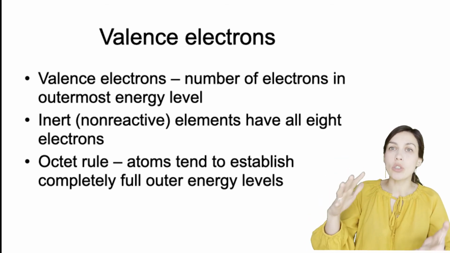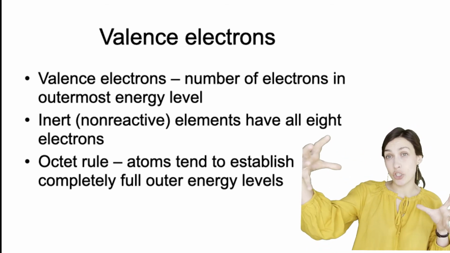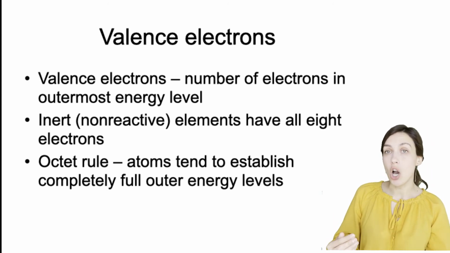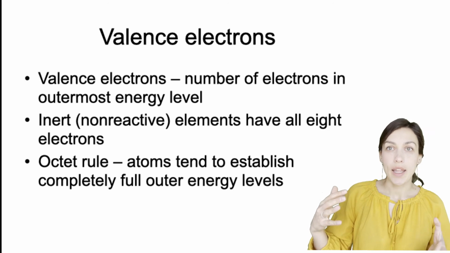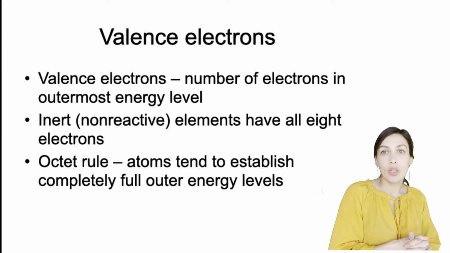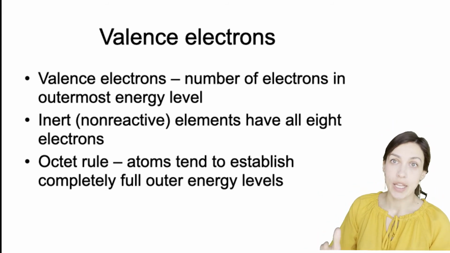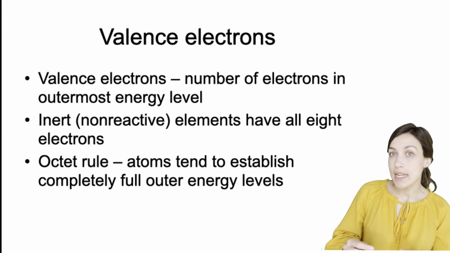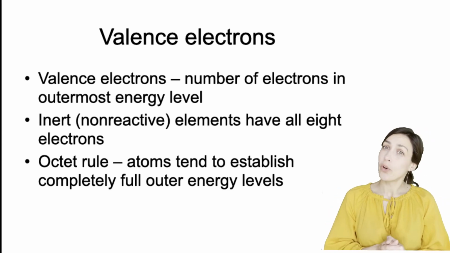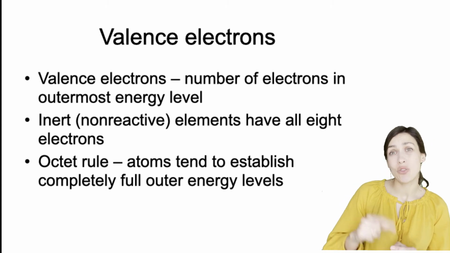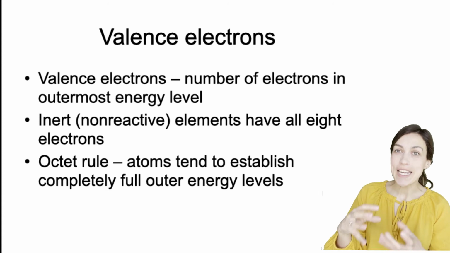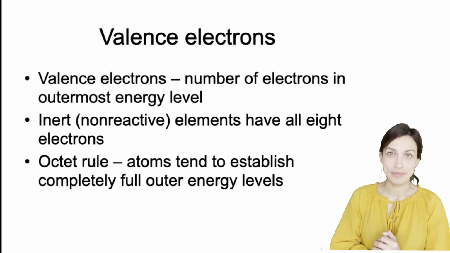And the outermost shell, or outermost energy level, for a particular atom is called the valence shell, or the valence electron shell. For example, the second energy shell in carbon is the valence energy shell. Whereas for hydrogen, which only has 1 electron, the first energy shell is the valence energy shell.